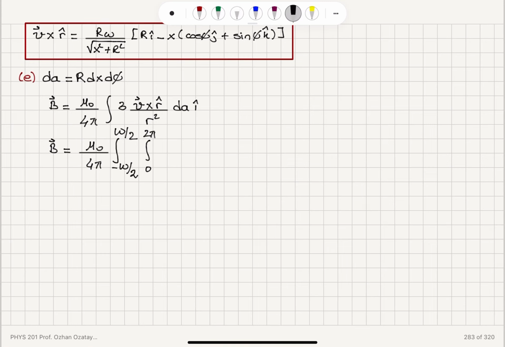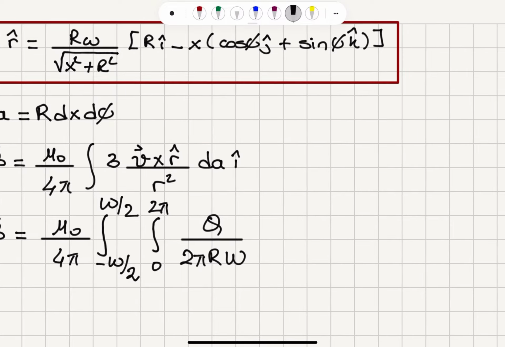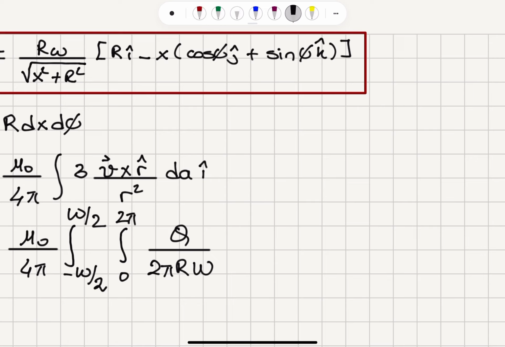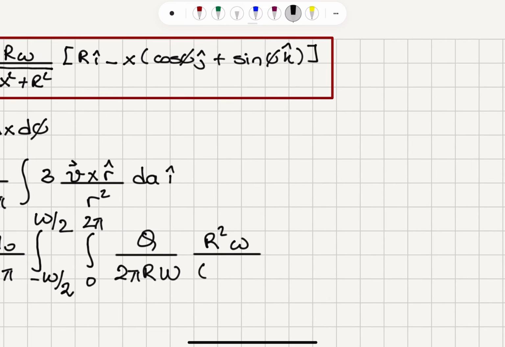So this will be sigma, which in part A I have found to be the total charge Q divided by 2 pi capital R W, times v cross r hat over r squared. So v cross r hat was R omega, so I have R omega and another R coming from dA. So this will be capital R squared omega divided by r squared.